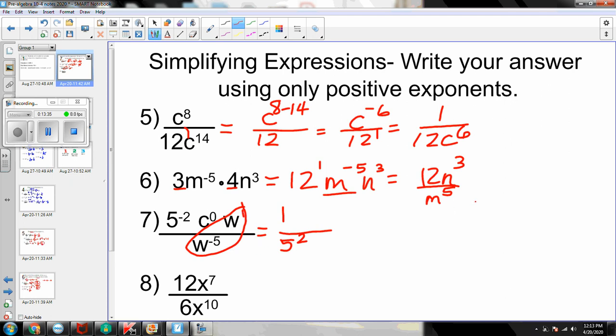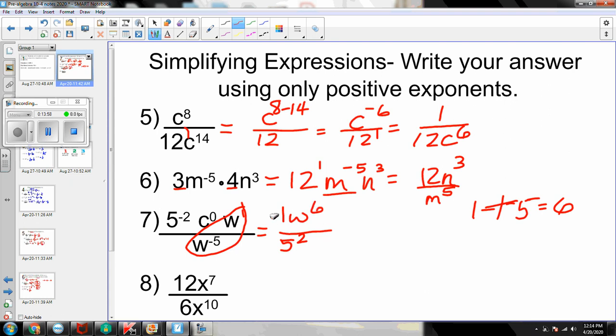So what I'm doing is taking 1 minus -5. Well, a minus negative becomes a big plus. This is 1 plus 5, that is 6. So when I divide w to the first by w to the -5, I subtract 1 minus -5 to get 6. That would give me w to the positive 6.